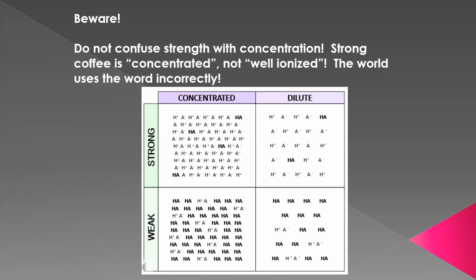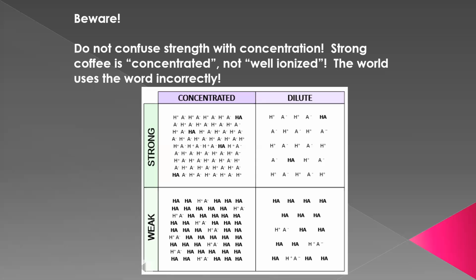So you can see over on the right, very easy to see, only like 3 pieces have ionized. Here on the left, it looks to be about 9 pieces maybe have ionized. Look at all those pieces that have not ionized. So I can have a concentrated weak acid, and that's still not necessarily something you want to be around. But when it comes to the properties we expect from acids, it's not going to be as extreme.